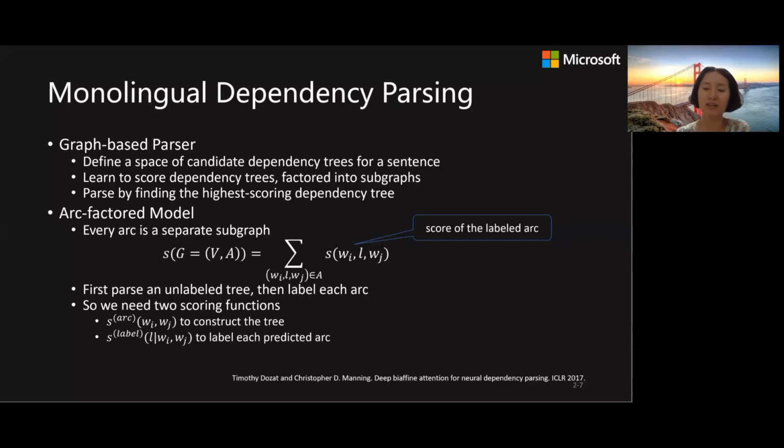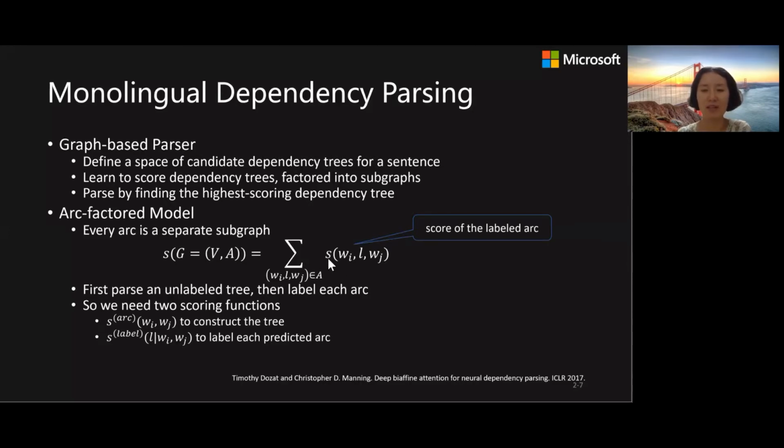Here, each arc is a separate subgraph, and the scoring of a tree is defined as the scoring of all arcs. As shown in this figure, given a graph G, its score is defined as the sum of the scoring of its arcs.